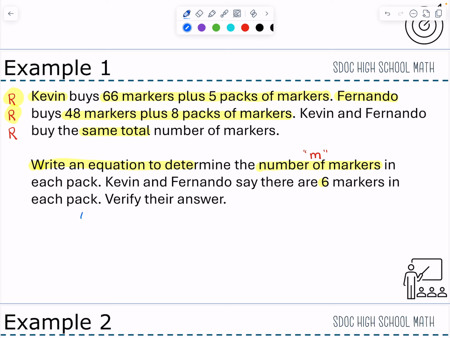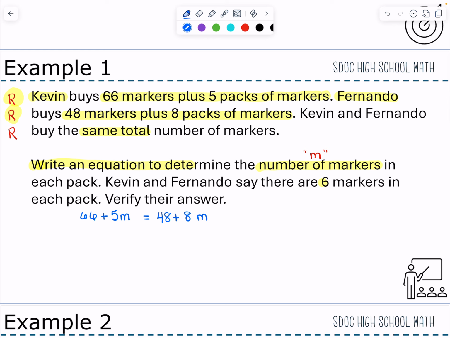Kevin has 66 markers plus 5 packs of markers. But we don't know how many markers are in each pack. Fernando has 48 markers plus 8 packs of markers. But we don't know how many are in each pack again.